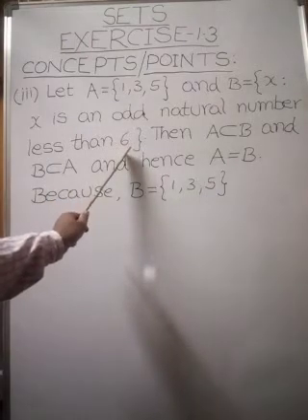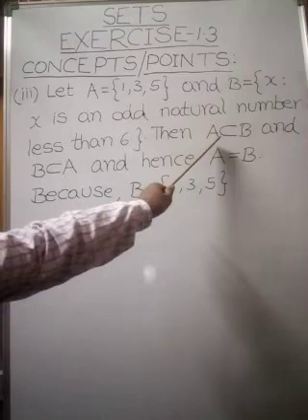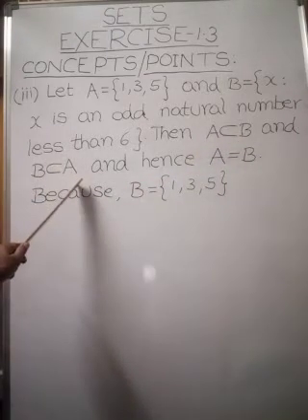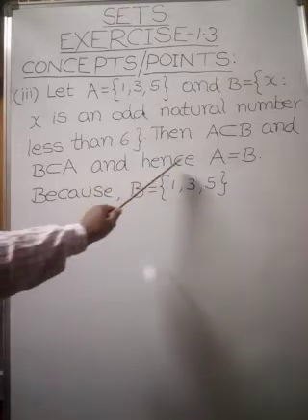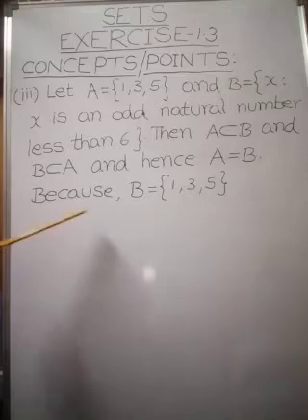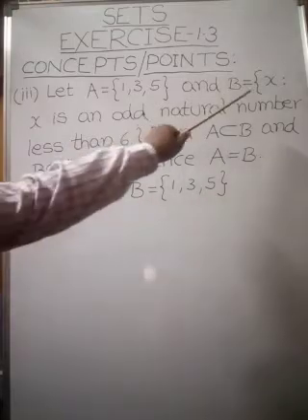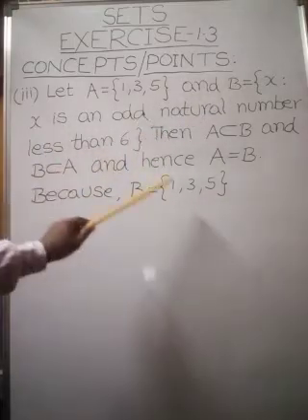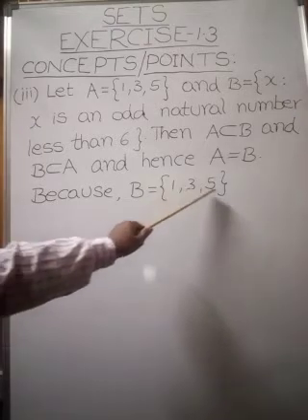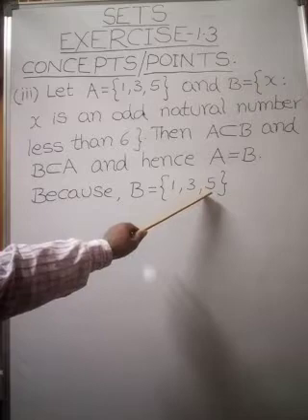This is set B. Then A is said to be a subset of B, and B is also a subset of A, and hence we can say that A is equal to B, because if you write the given set B in the roster form, what are the elements in the set B? 1, 3, 5. Isn't it, my dear children?